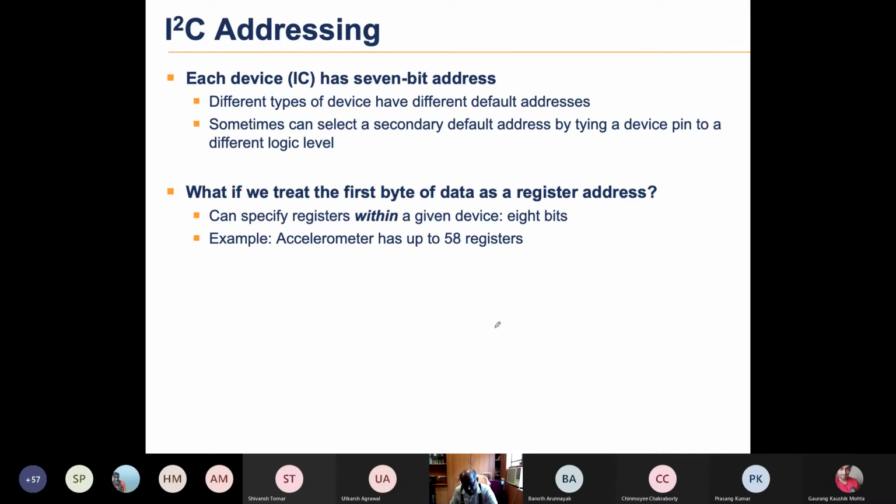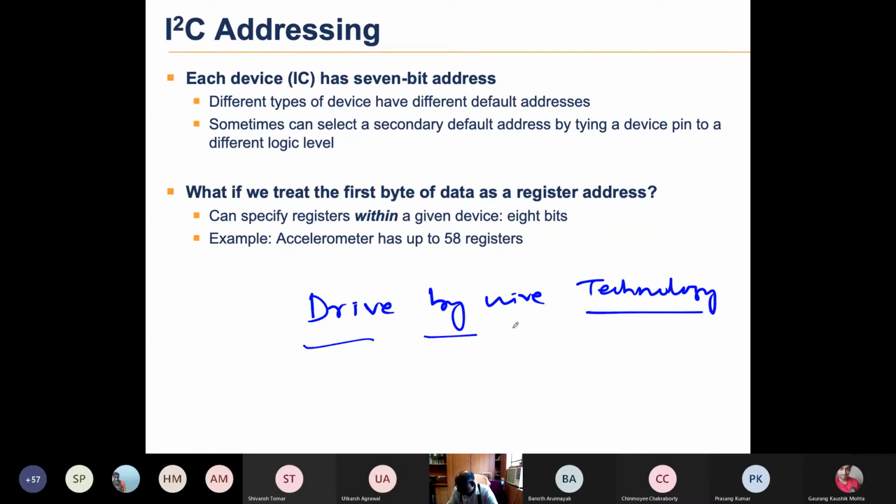Okay, so now you have certain automotive things. Let me tell you, there is something called drive-by-wire technology. Nowadays many vehicles do not really have a clutch.